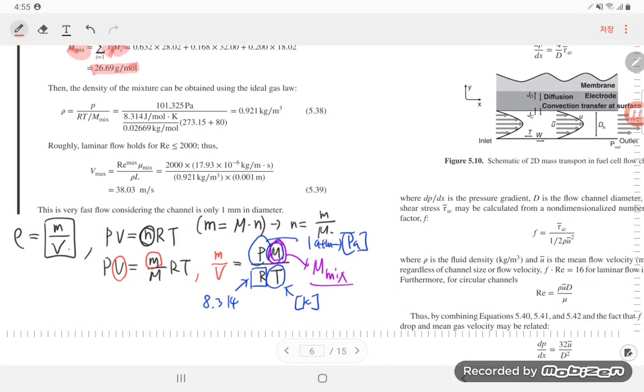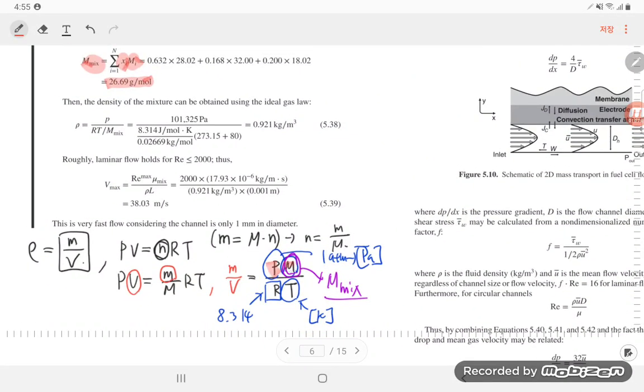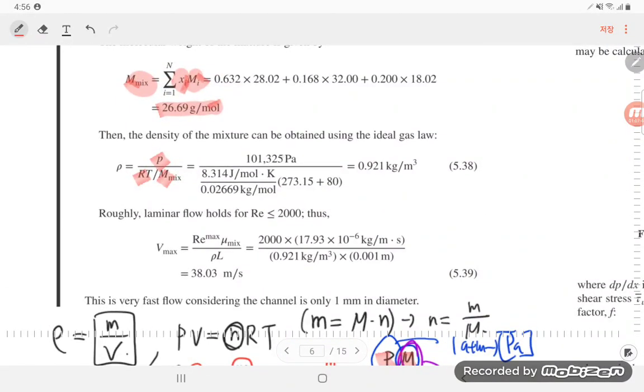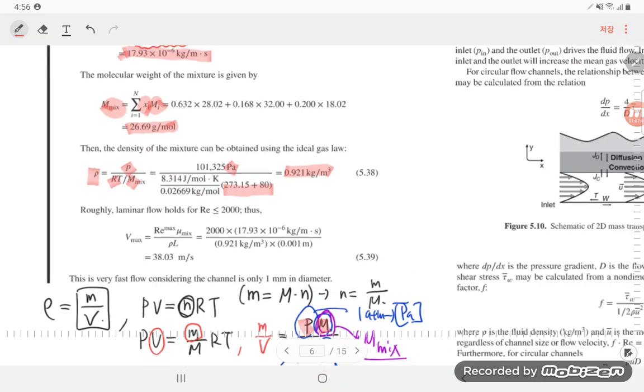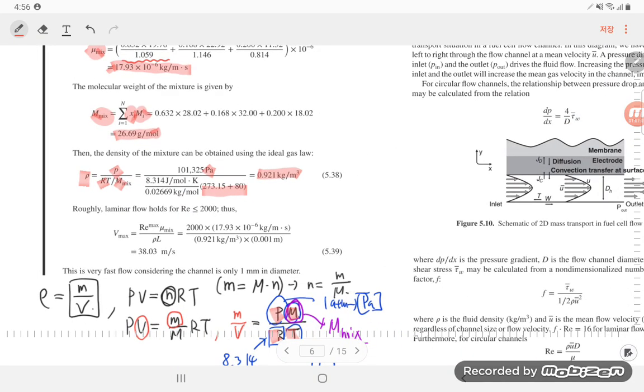And then if you insert each PM over RT in here, in the Pascal and the Kelvin, then we can get the density of this gas mixture. Okay, now we obtain all the variables for calculating the V, right?